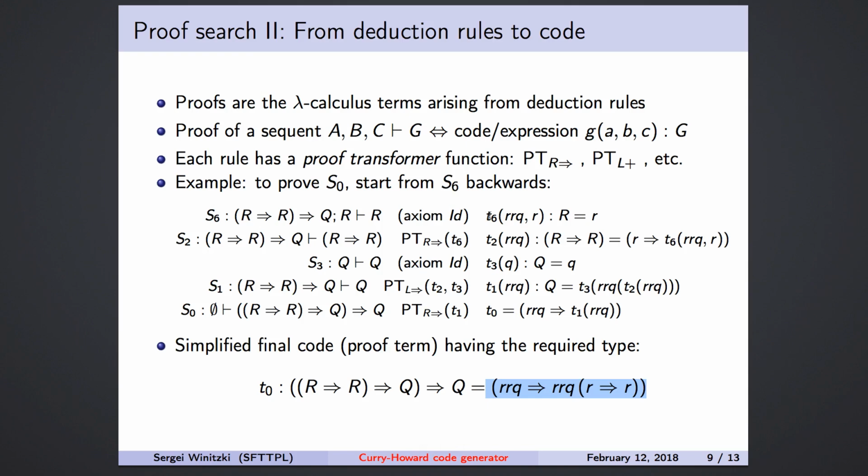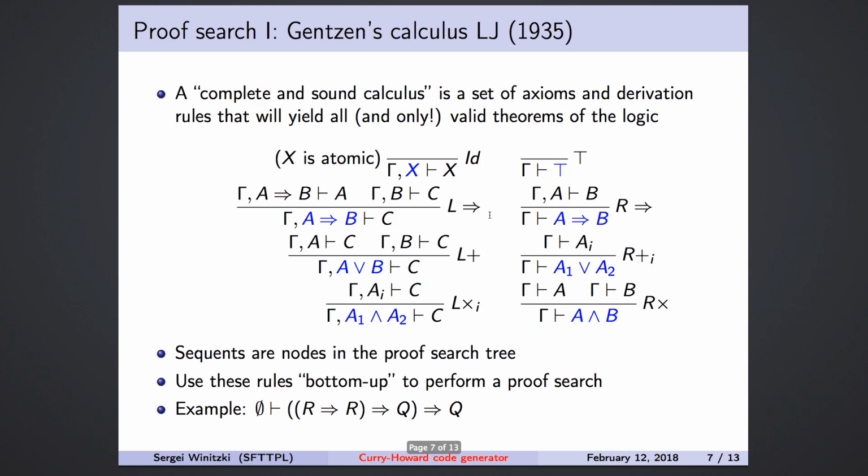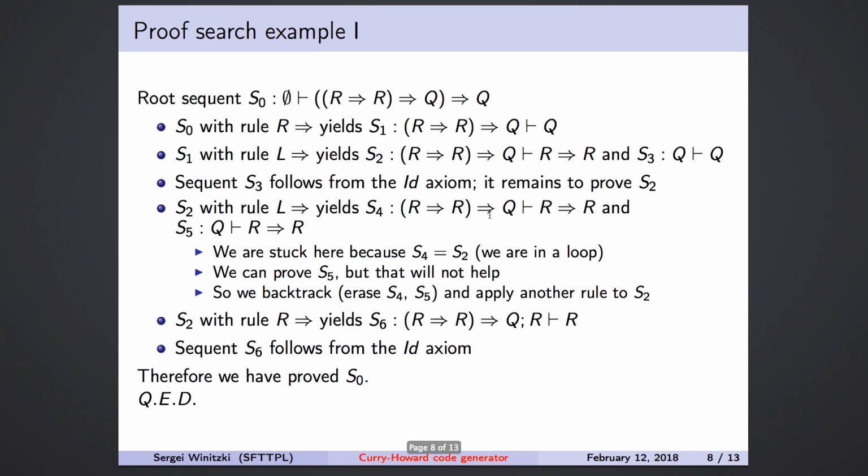So in order to implement this, you need to take these rules. For each of the rules, you need to write down the proof transformer, which is a function from the proofs of the upper things to the proof of the lower things. And the proof is a lambda term of the right type, and you need to check that the types are correct. And so that's what the library is doing.